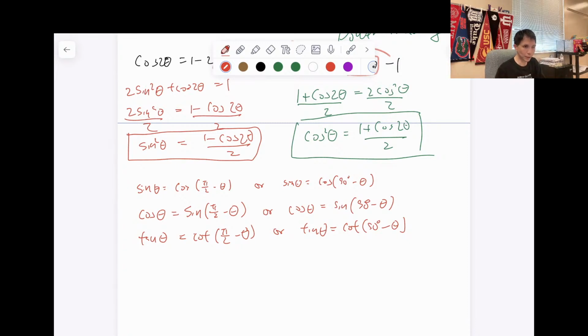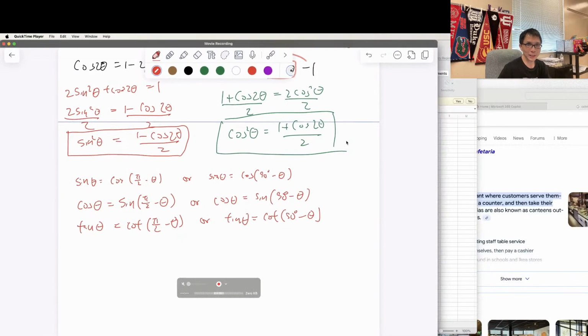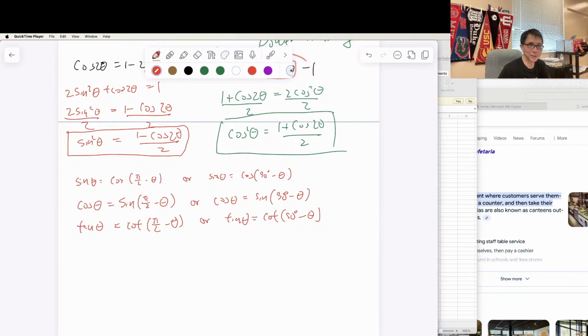Now I want to show you something that's really interesting, because when I was in school, which is 1995, sounds like centuries ago, I was learning this in junior year in high school.